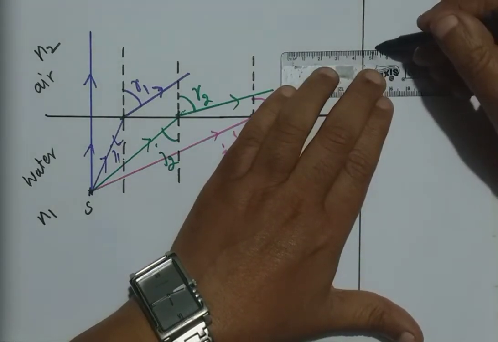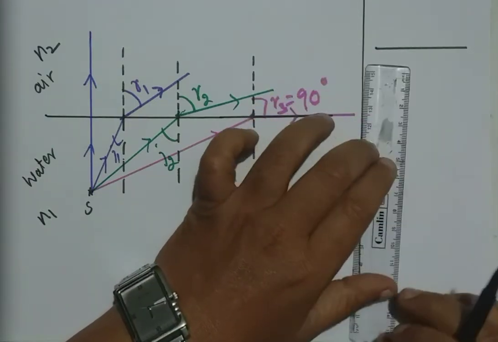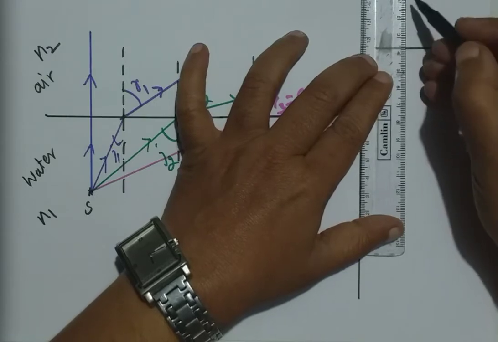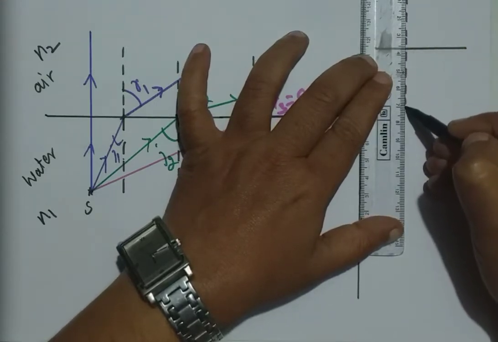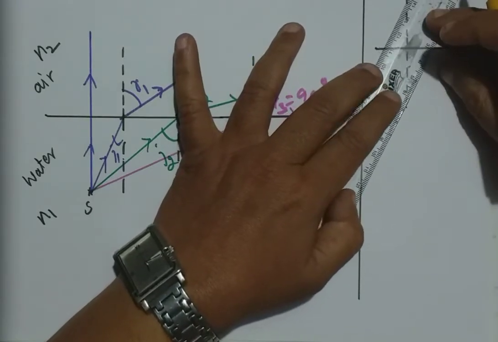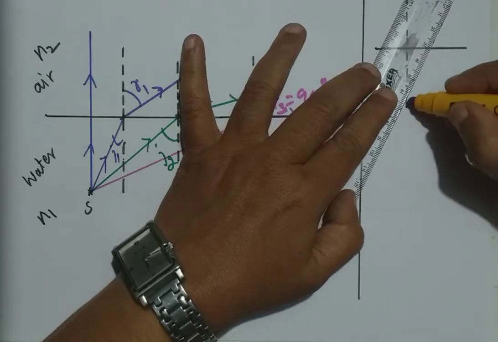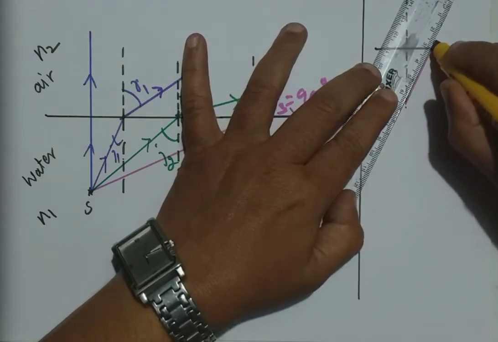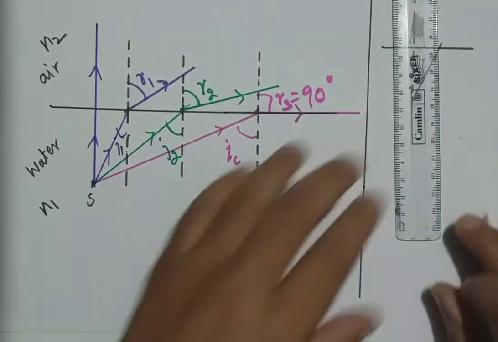Say I take this as the surface of separation and this is the normal, and let me write an incident beam at critical angle. We write the normal once again.